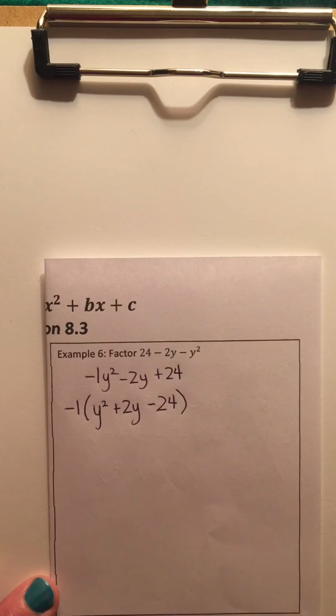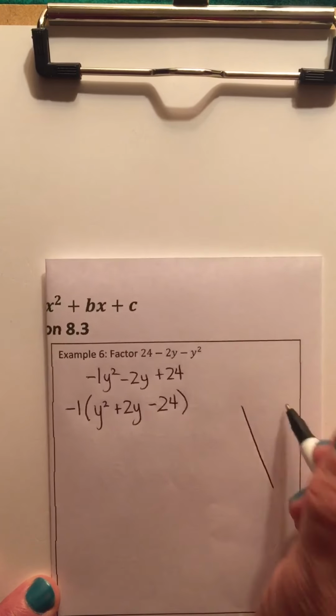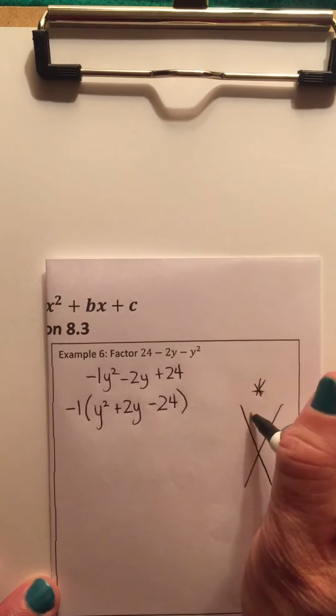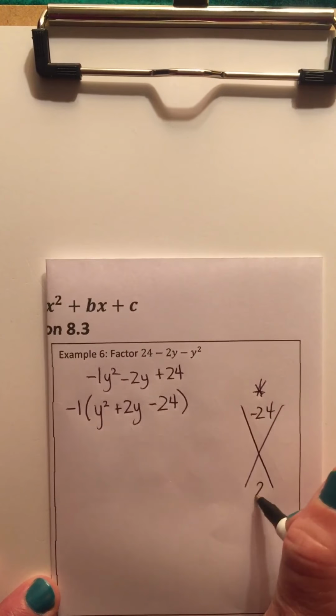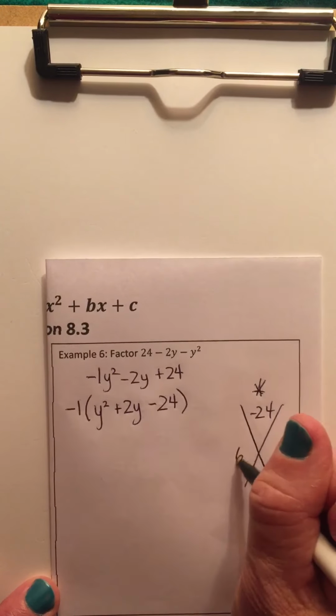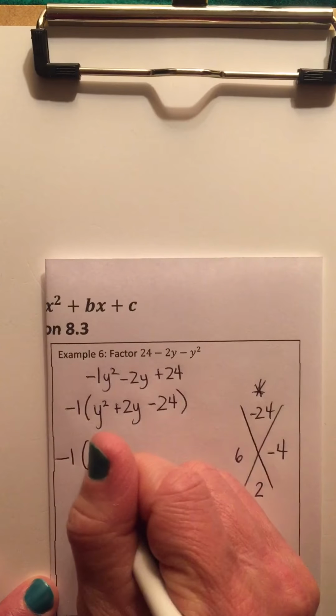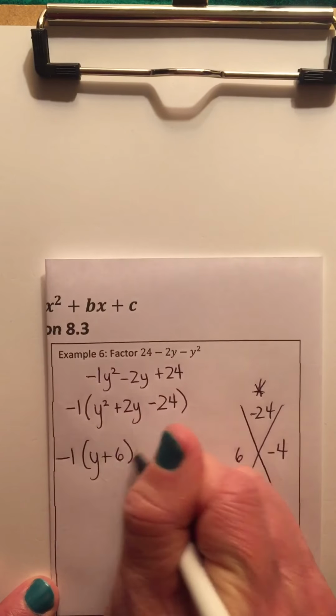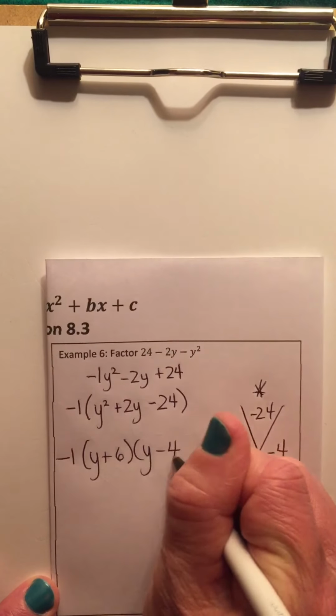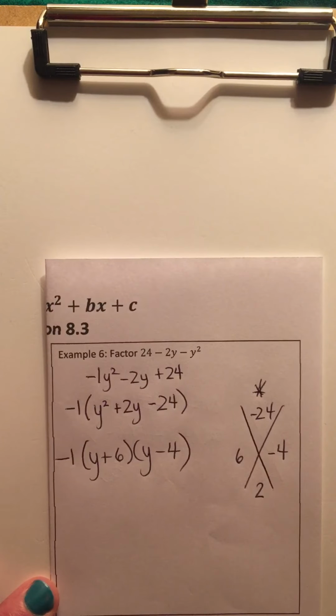Now we don't even need to do the factoring by grouping. We need to ask what multiplies to negative 24 and adds to 2. It's going to be positive 6 and negative 4. It's going to be negative 1 times y plus 6 times y minus 4. Rewrite it with the squared term first.